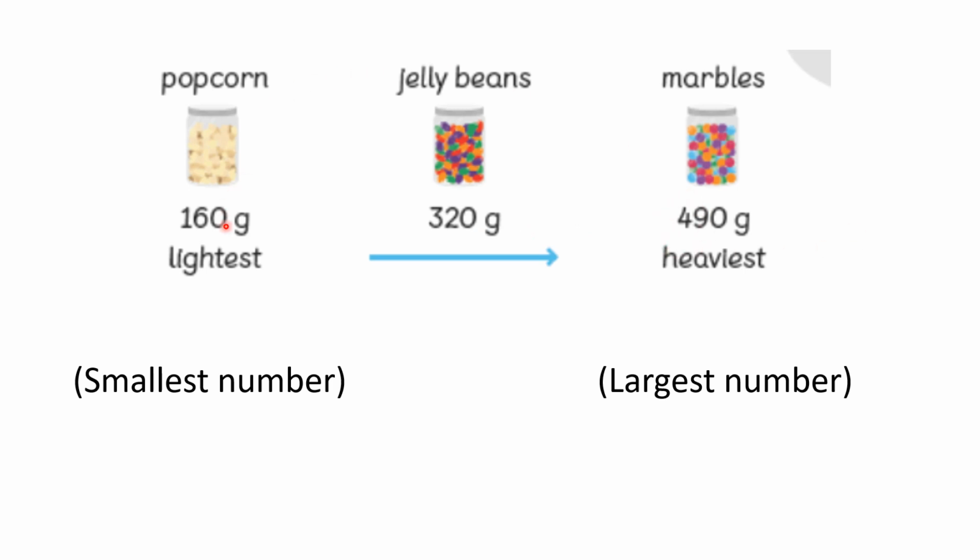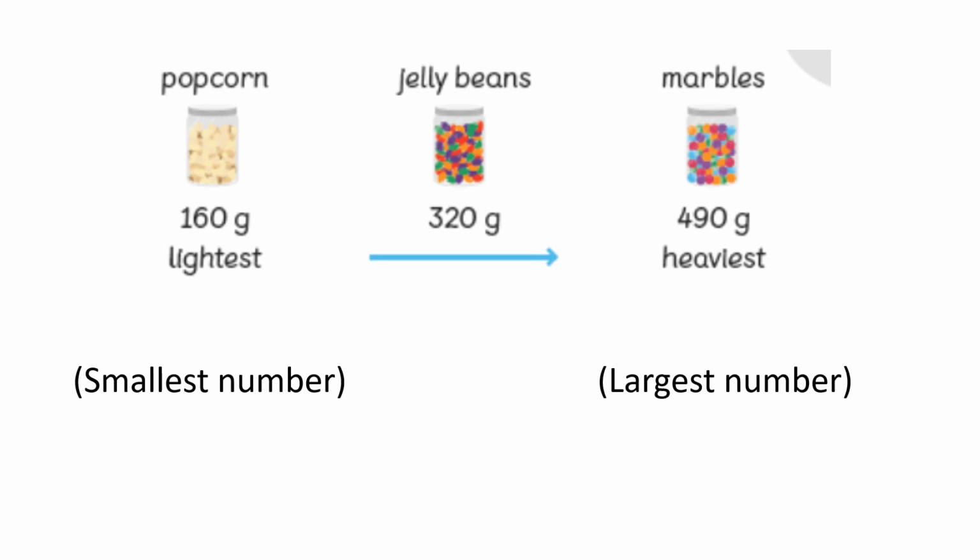So 160 grams must be the lightest mass. Then we hopefully have spotted that 320 is the next heaviest mass, making 490 grams the heaviest at the end.